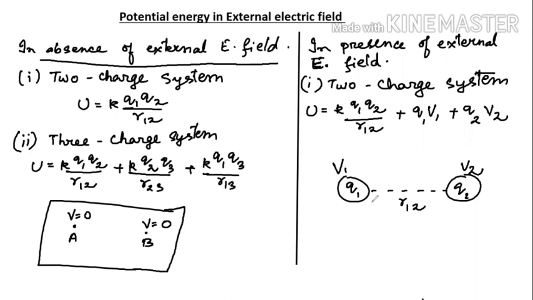But in this case, even if the charge was not placed earlier, you will still have extra potential V1 at this point. Let's say this point is A, and you will have extra potential at point B, and that potential is V2. Because of this V1 and V2, which is due to this external field, you will have extra work done, which is Q1 V1, and extra work done, which is Q2 V2.